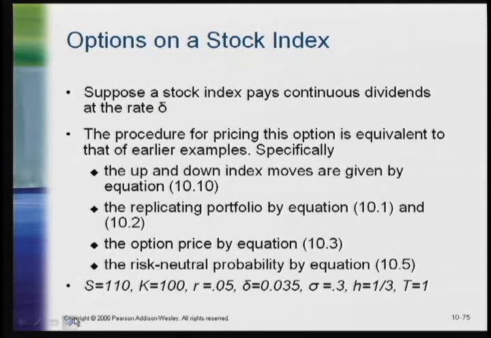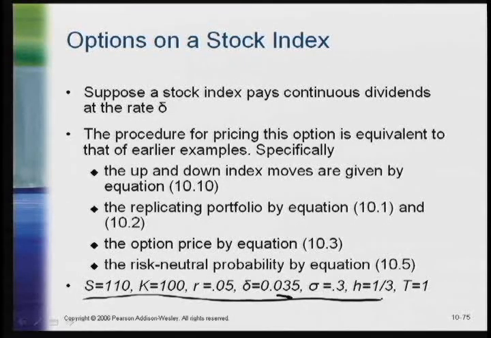We've already done some of the preliminary work assuming a continuous dividend rate of delta in the earlier construction module. And here we're going to apply it in an example where, as you can see at the bottom, we're going to price an option where we have a continuous dividend rate of 3.5%, same volatility, 30%.